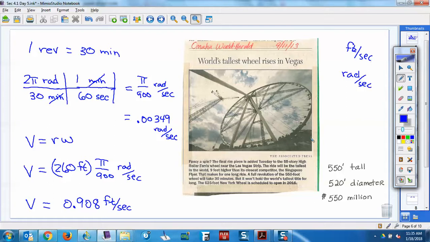V equals S over. I did this formula because I divided by 8 and I got back.